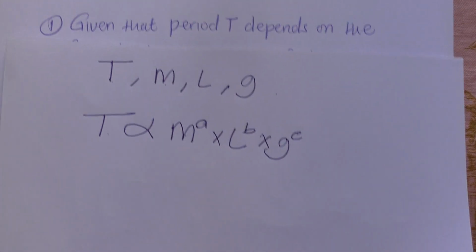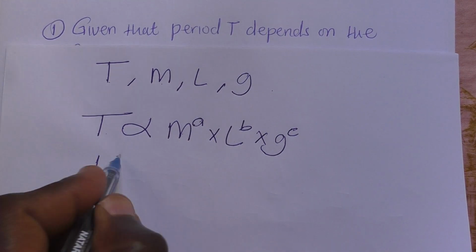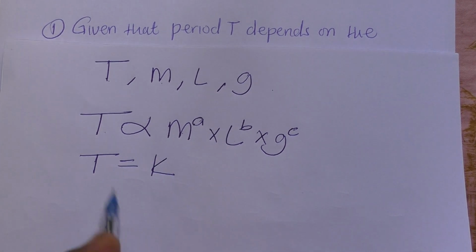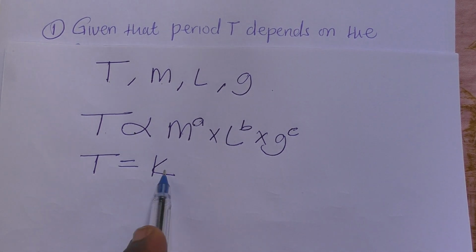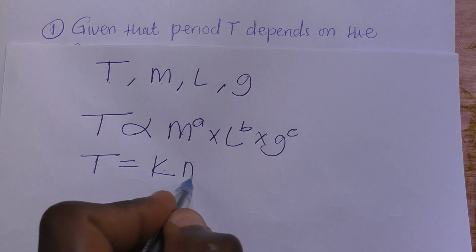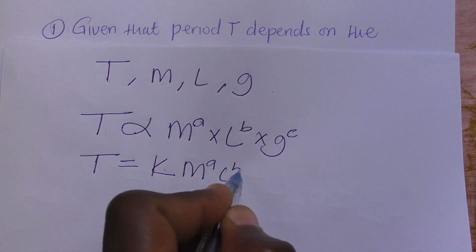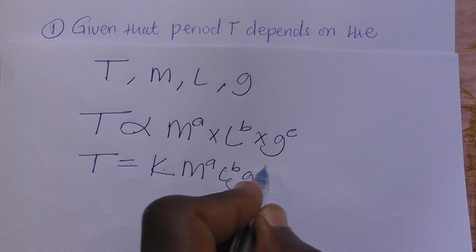And therefore, that means that T equals a constant. We are replacing the proportionality sign with a constant: T = K m^a L^b g^c.